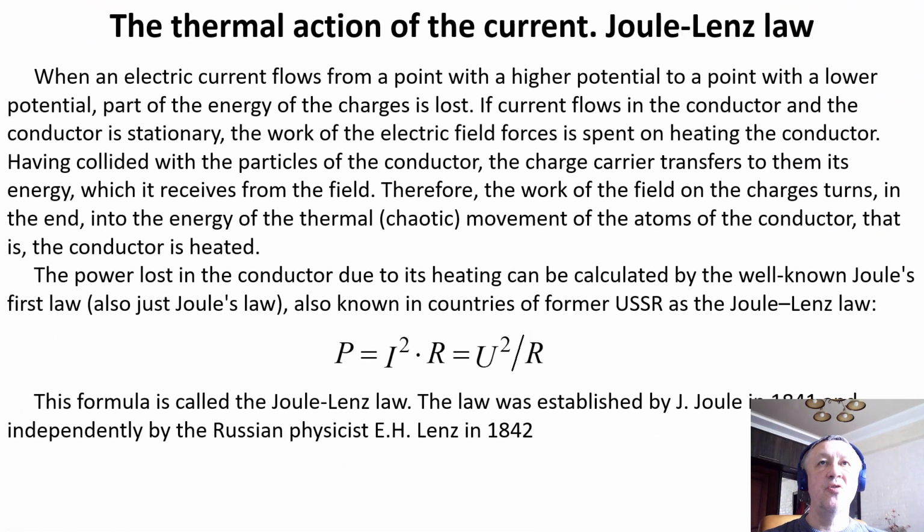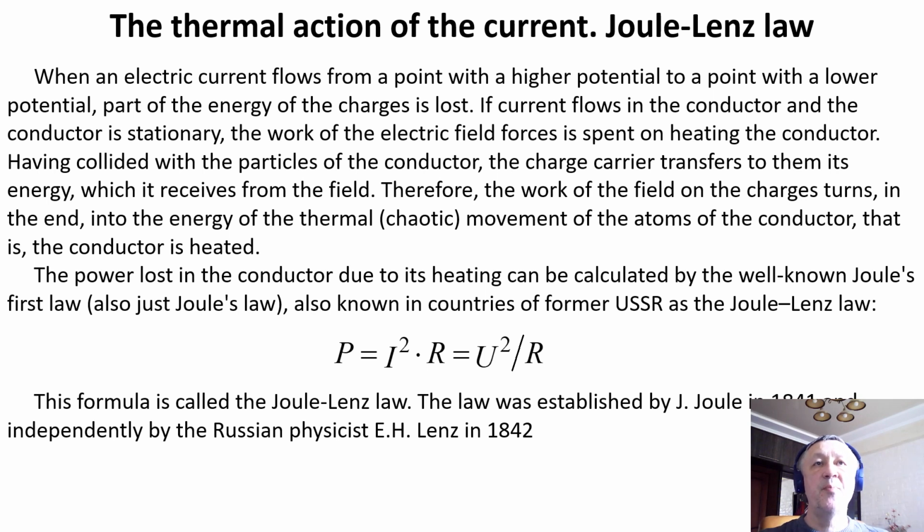The thermal action of the current. When an electric current flows from a point with a higher potential to a point with a lower potential, part of the energy of the charges is lost. If current flows in the conductor and the conductor is stationary, the work of the electric field forces is spent on heating the conductor.